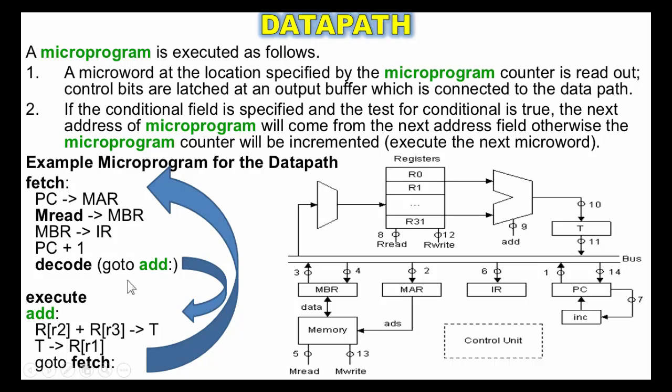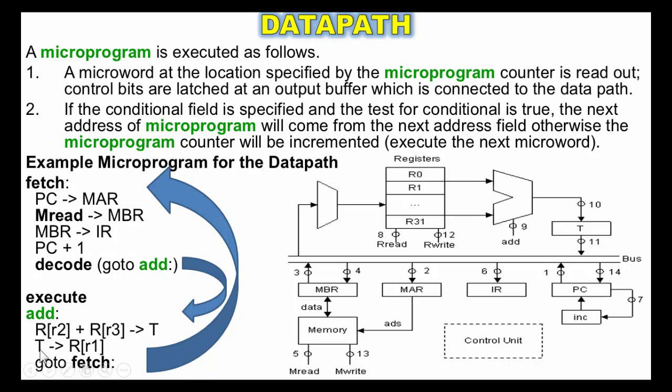and then after decoding it, it will go to the add, which is the execute. Add here means it will perform an arithmetic operation to add numbers. For example, register R2 will be added to register R3 and it will be stored to this temporary variable t.